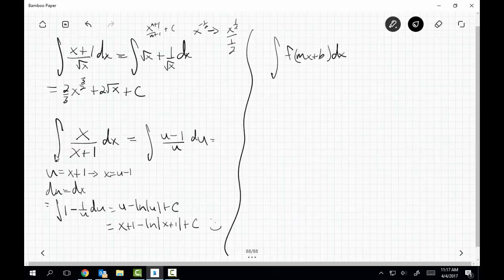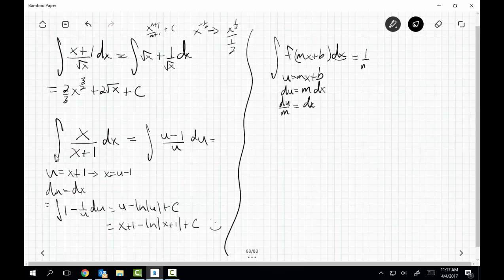All right, so here's what we do. I would let u equal mx plus b, because it's the trouble. I know that du is going to be m dx. I don't want an m dx, I want a dx, so I just need to account for that. So du divided by m is equal to dx. When I rewrite this, remember m is just a slope, so it's a constant.